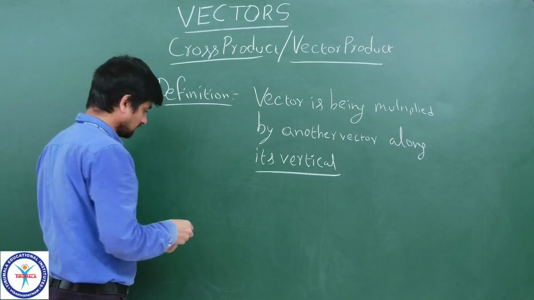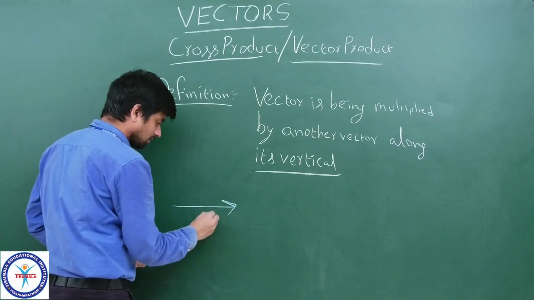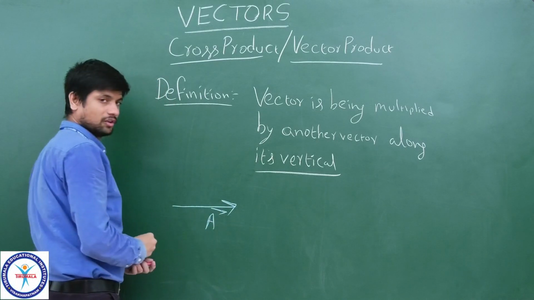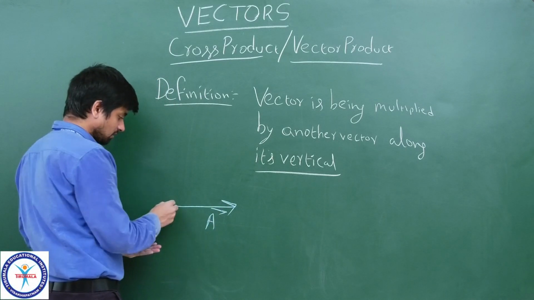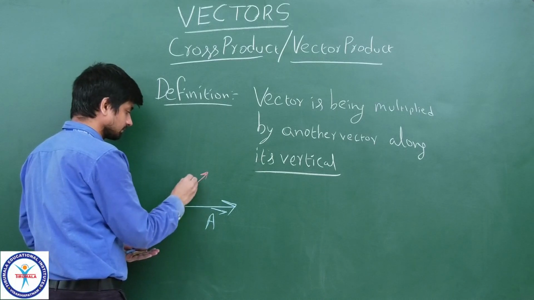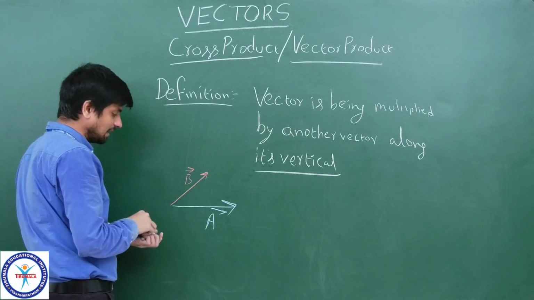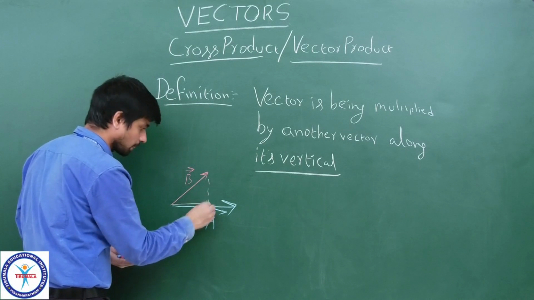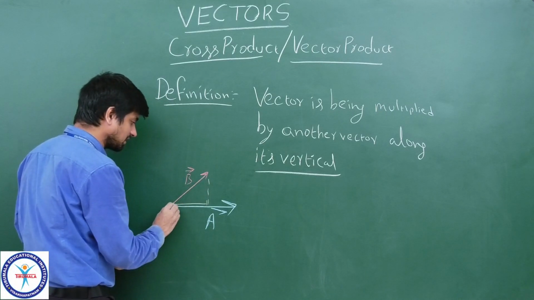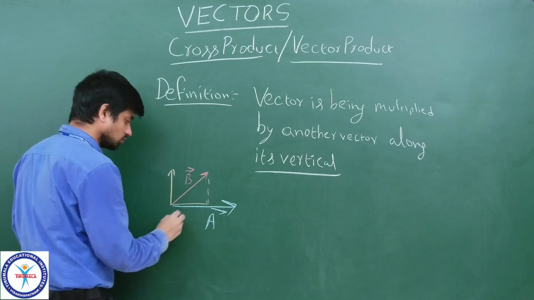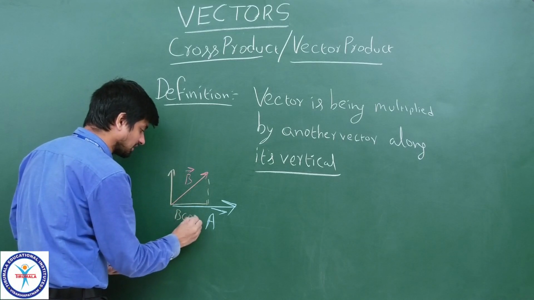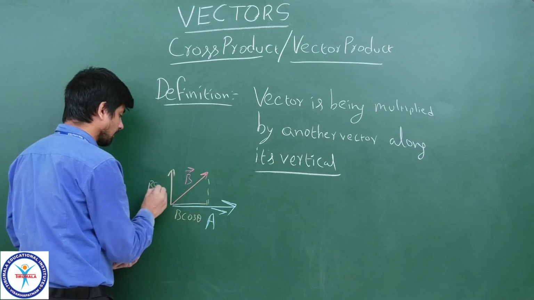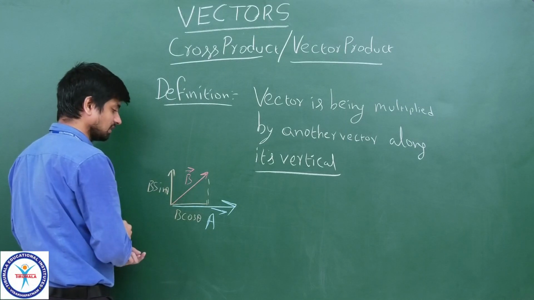See, once here, one vector A, and one vector B. It will have its horizontal component in this way and its vertical component here. So this is B cos theta, this is B sin theta.